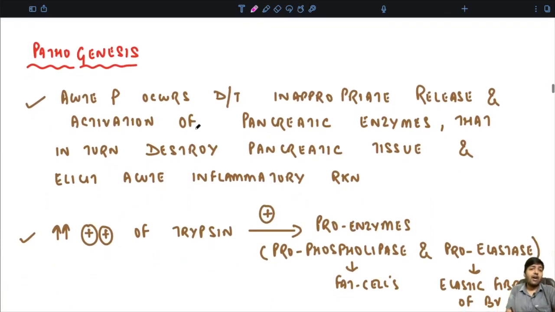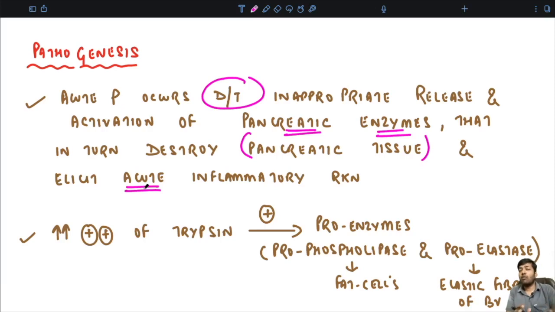Okay. Now we are going to read about the pathogenesis of acute pancreatitis. Pay a lot of attention over here. Acute pancreatitis occurs because of an inappropriate release and activation of pancreatic enzymes that in turn destroy the pancreatic tissue and elicit an acute inflammatory reaction.